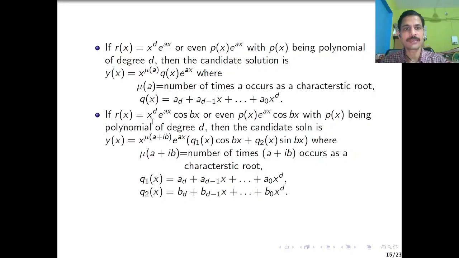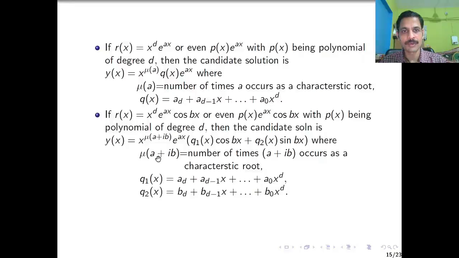Similarly, if R(x) happens to be x^d e raised to ax cos bx, where b can be some number, let's say 3, or even if R(x) happens to be p(x) e raised to ax cos bx, where p(x) is a polynomial of degree d, then the candidate solution that we have to take and substitute in the non-homogeneous ODE should be y(x) is equal to x raised to mu of a plus ib e raised to ax multiplied by bracket q1(x) cos bx plus q2(x) sin bx bracket close.